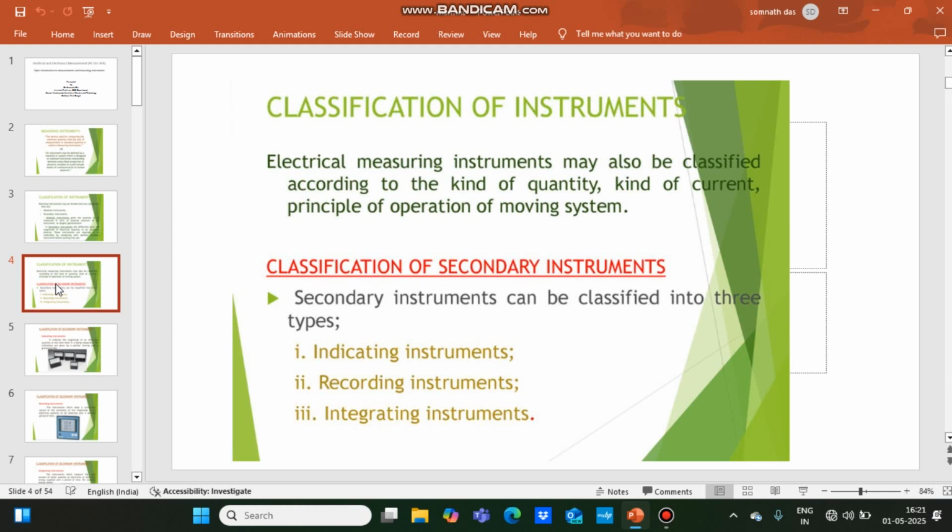Again, the secondary instruments are classified into three types: indicating instruments, recording instruments, and integrating instruments. These classifications are made based on the working and the applications of the instruments.